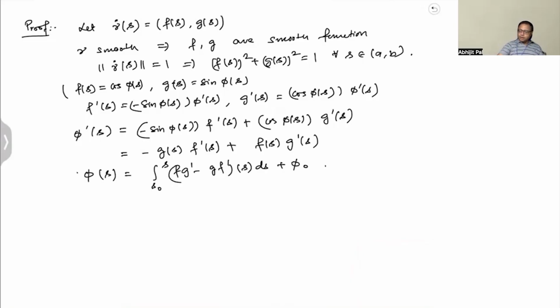Okay, so by back calculation, I'll get this phi. So now what you do, you just define phi to be equal to this.